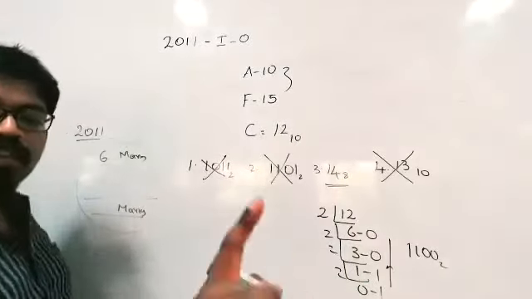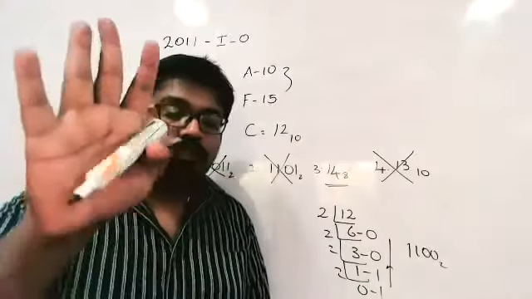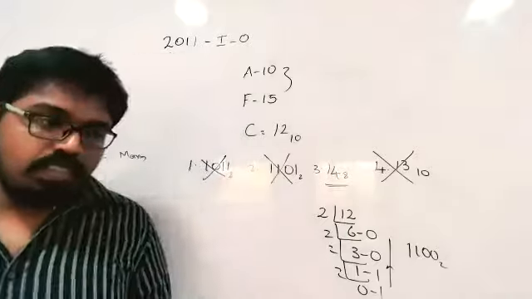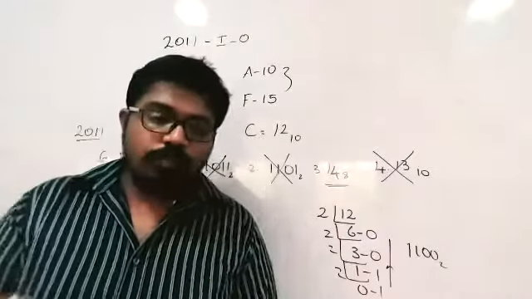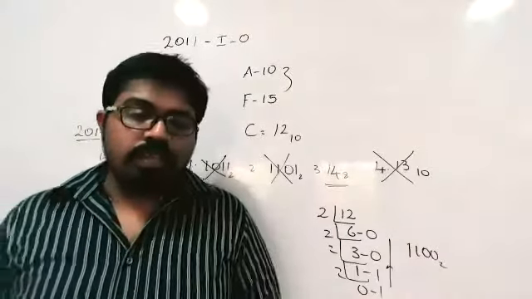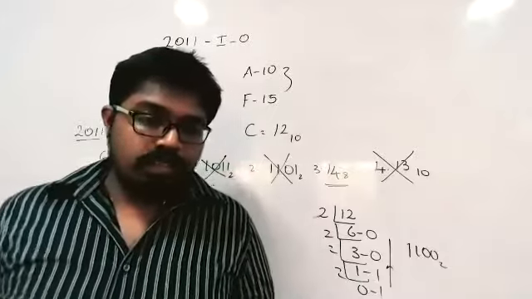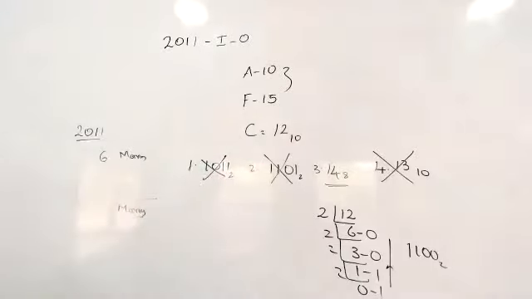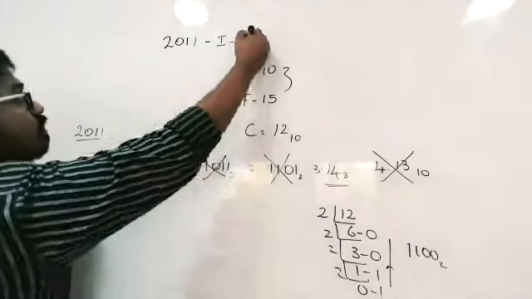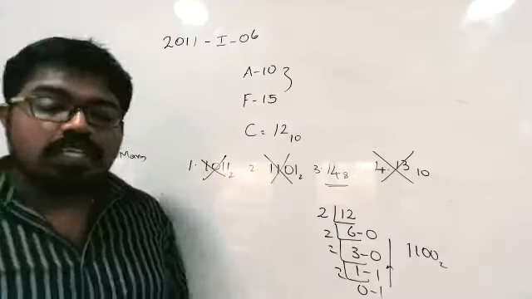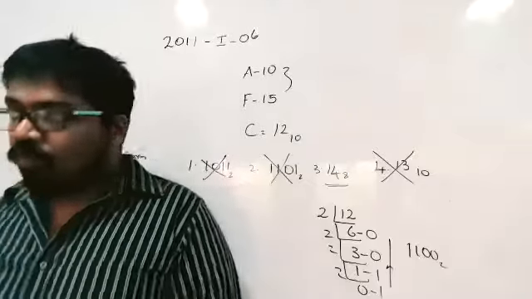So I have done only one step, but you are having 4 answer options. So that is the most important way of approaching the paper in a proper manner, right? That is the end of question number 6 of 2011 paper part 1.